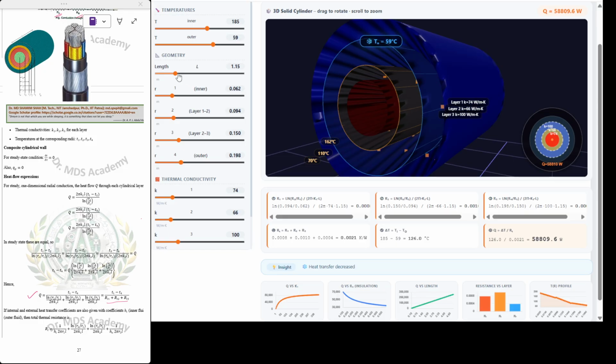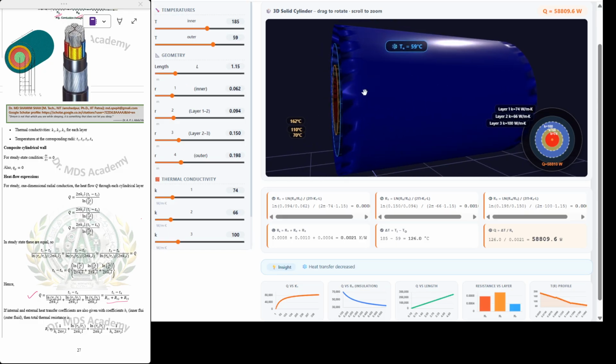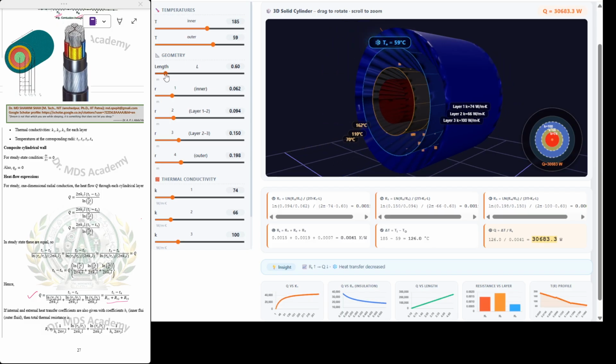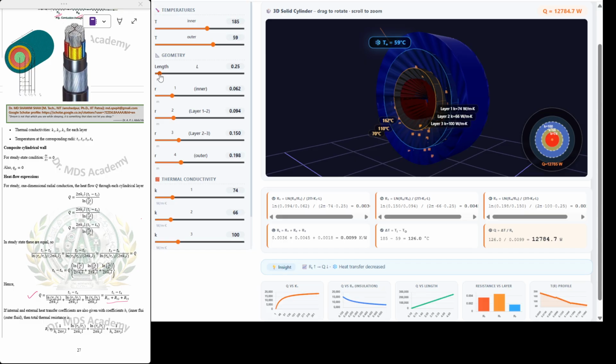Now what is L? L is the total length of the cylinder, this length of the cylinder. When you are decreasing the L value, what is the relation between Q and L here?